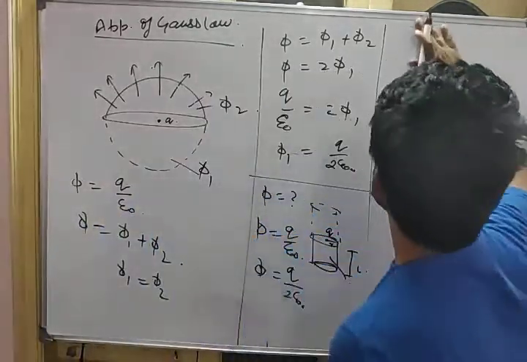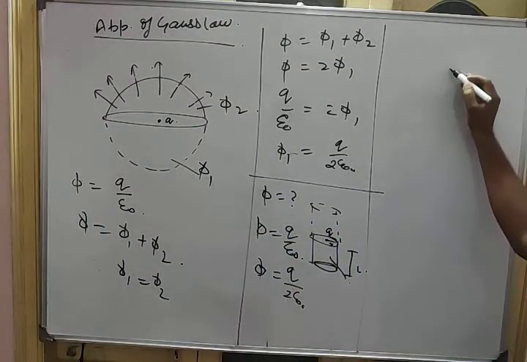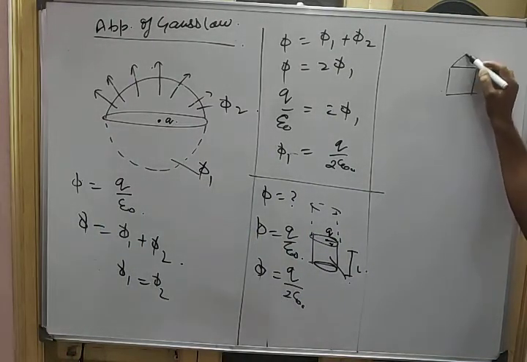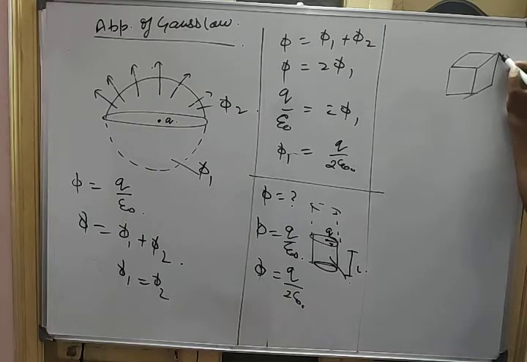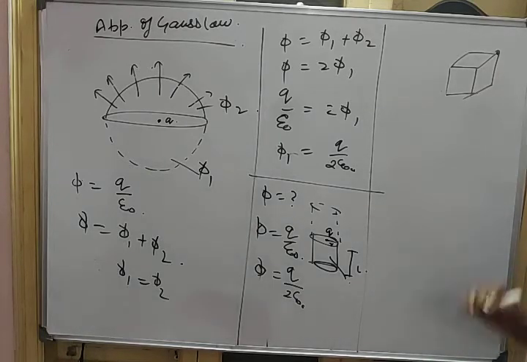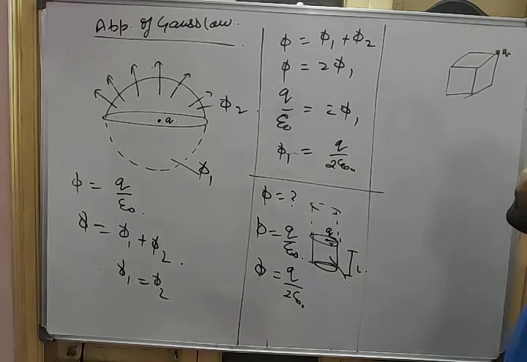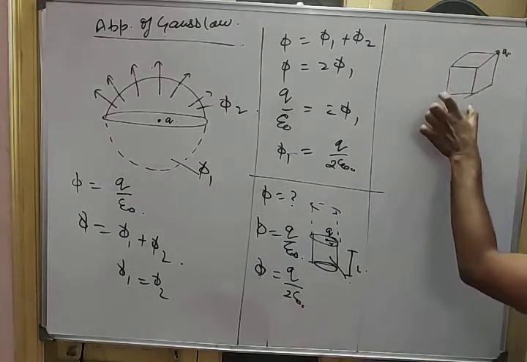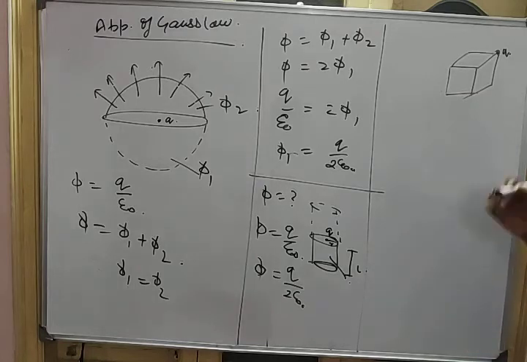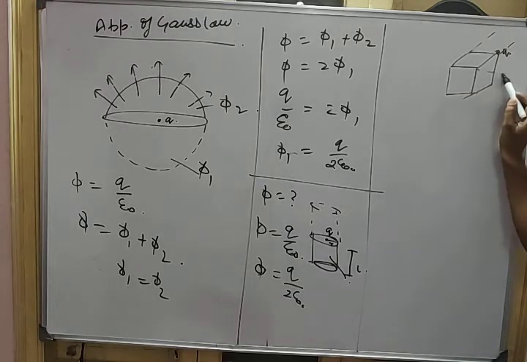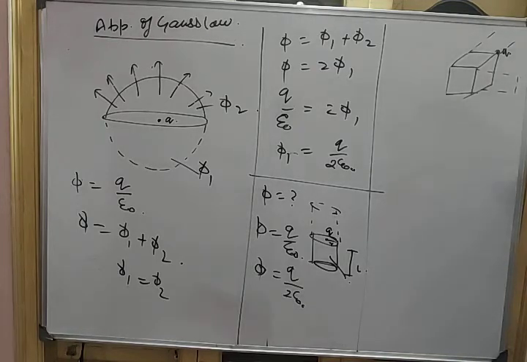Now one more question: let us suppose we keep a charge at the edge of the cube kept here. How will we find the flux now? We know that this is not a complete geometry. So what we have to do is make one more cube here, one more cube here, one more cube here. This is how we have to cover it whole.